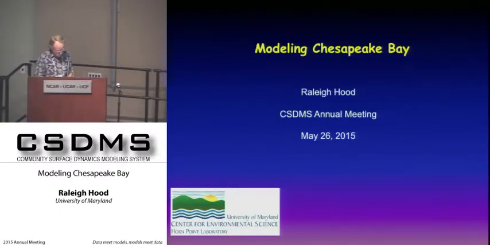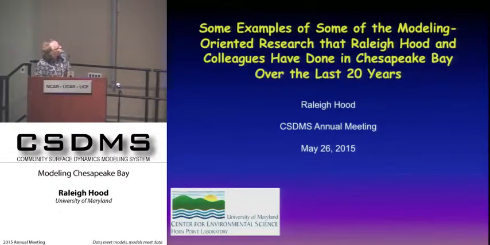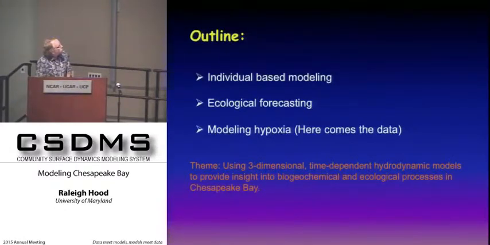But actually, perhaps a more accurate title would be something like this. What I'm really going to talk about today are some examples of some of the modeling-oriented research that I and my colleagues have done in Chesapeake Bay over the last 20 years. And I'm going to be delving into basically three very different modeling approaches, but all of which leverage hydrodynamic models, that is, simulation models of the flow of the Chesapeake.